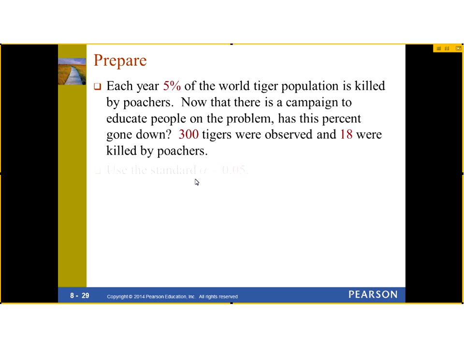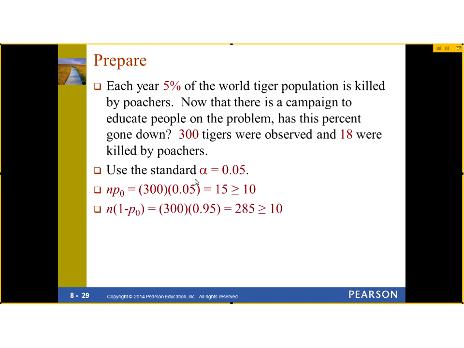We've got our hypothesis. We're going to use the standard alpha equals 0.05, and you always have to check that your n times p0 has to be greater than 10, and your n times 1 minus p0 also has to be greater than 10. And really, the world population of tigers should be more than 3,000 tigers.